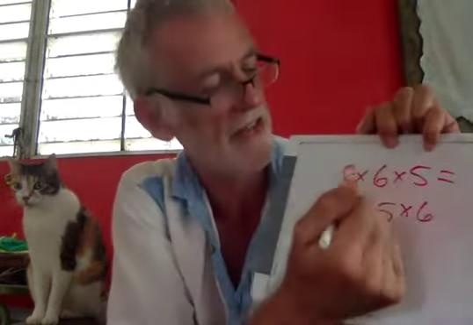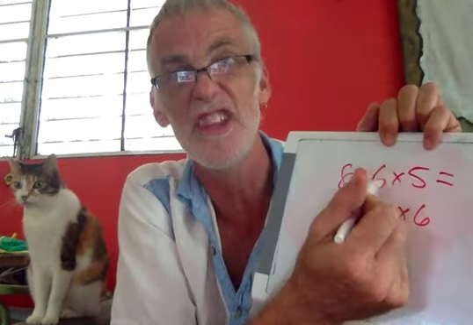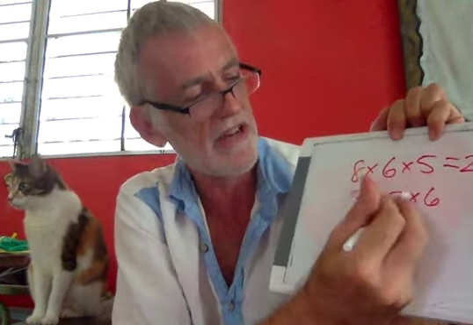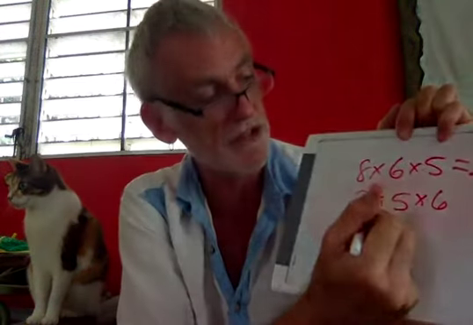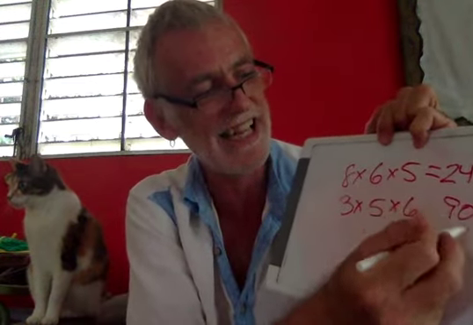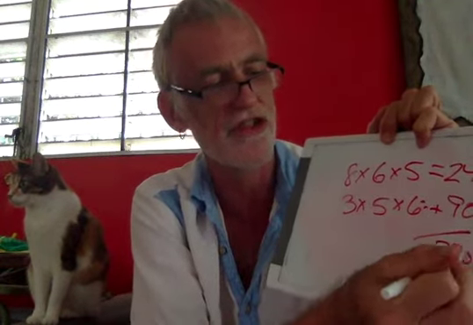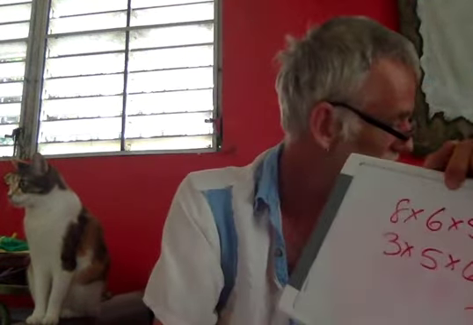That's our missing piece. So 8 times 6 times 5: 6 times 5 is 30, 30 times 8 is 240. 5 times 6 is 30, times 3 is 90. Add them together. 330 is the answer to number 2.